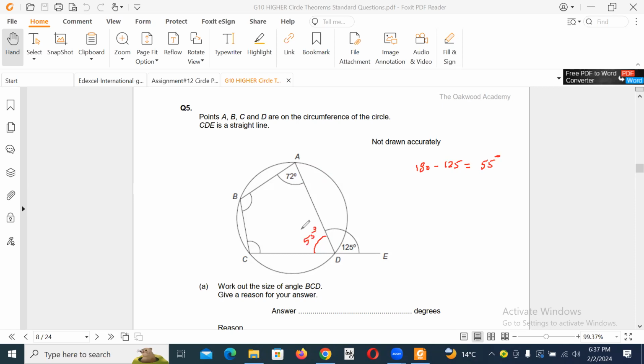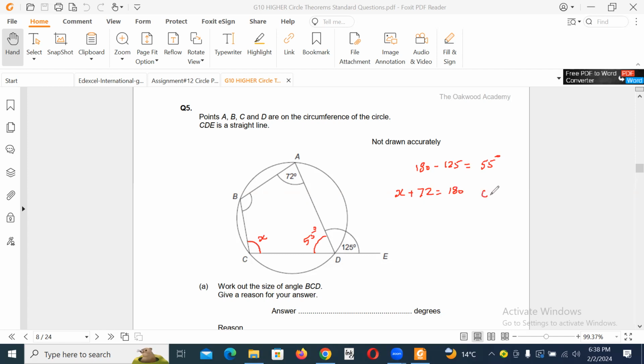And remember that we have the cyclic quadrilateral concept as well, and they are asking to work out the size of angle BCD. BCD means this one. All the points B, C, D, A touch the circle. If the four points touch the circle, that means the quadrilateral is a cyclic quadrilateral. In a cyclic quadrilateral, let's suppose this one is x. The sum of opposite angles is supplementary, 180, meaning x plus 72 is equal to 180.